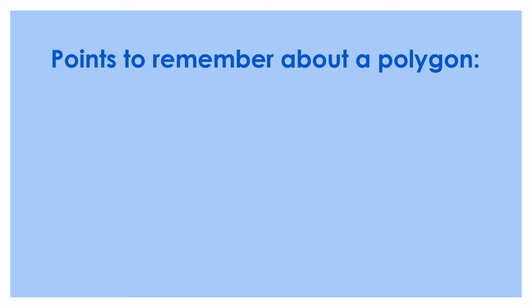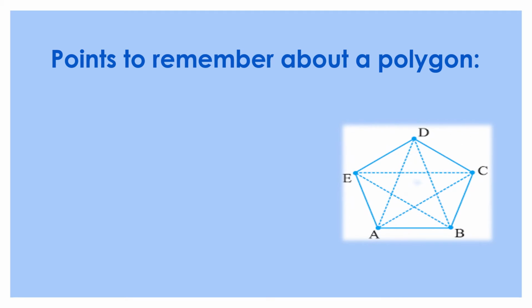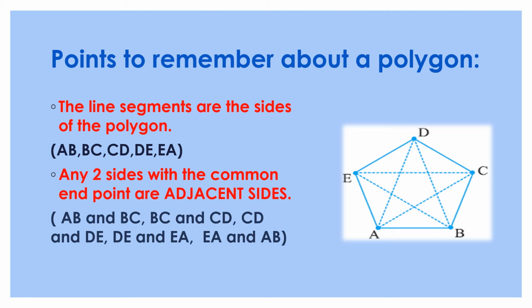Now there are some very important points that you should remember about a polygon. The first point is, if you look at this figure, the line segments are the sides of the polygon. These line segments, AB, BC, CD, DE, EA, are called the sides of the polygon.